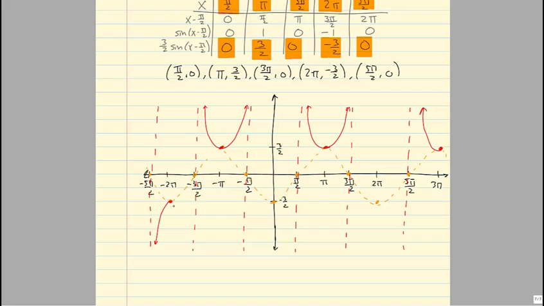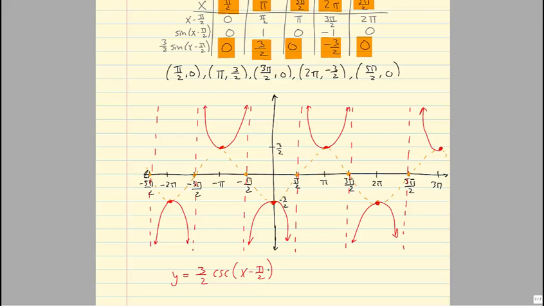And off of the minimum points, it opens down. And there's the graph of my cosecant function. So this is the graph of y equals 3/2 cosecant of x minus pi over 2.